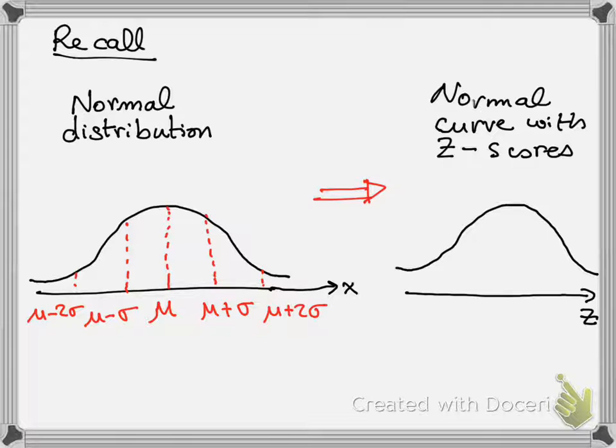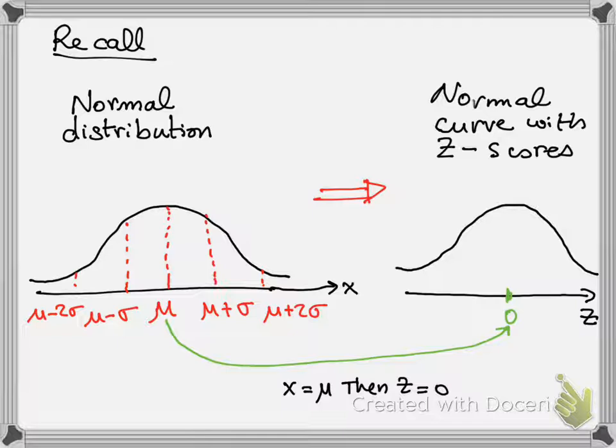And then remember, guys, if x is equal to mu, then z is 0. So here I'm going to have 0. This 0 here corresponds to this mu here.